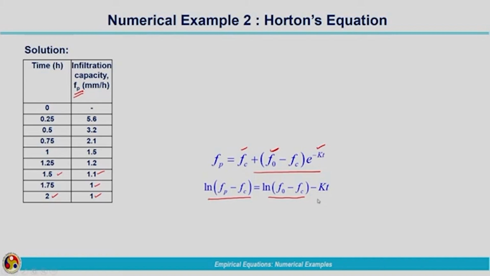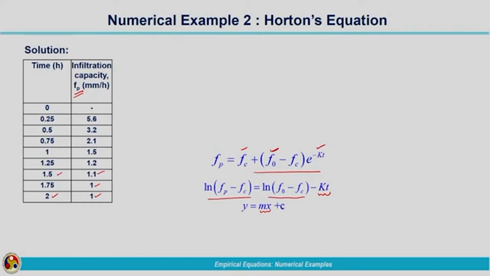So, this is in the form of y equal to mx plus c again. Y is nothing but ln(Fp minus Fc), and mx is representing our minus kt. So, t is our variable and m is the slope.